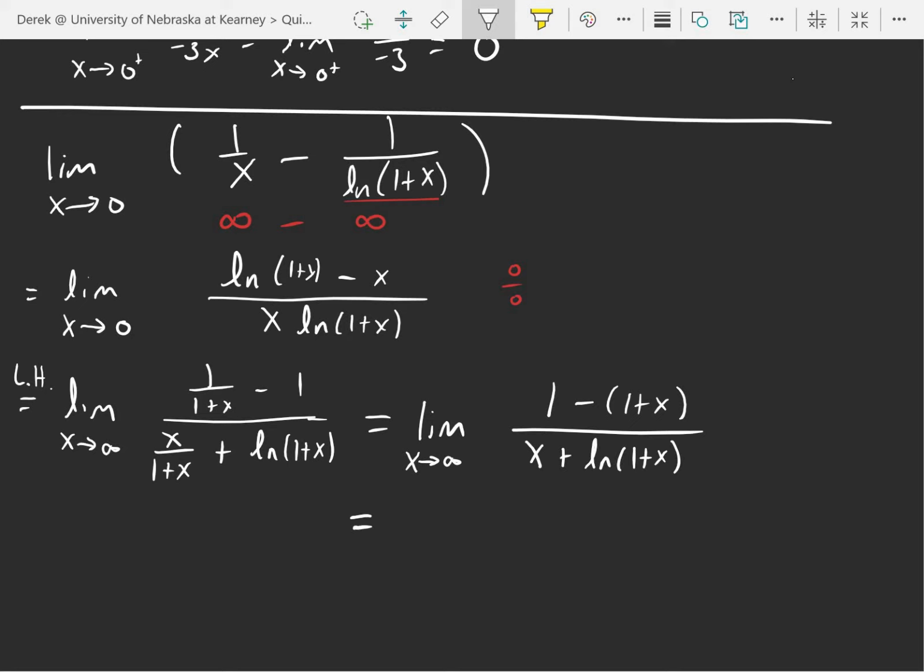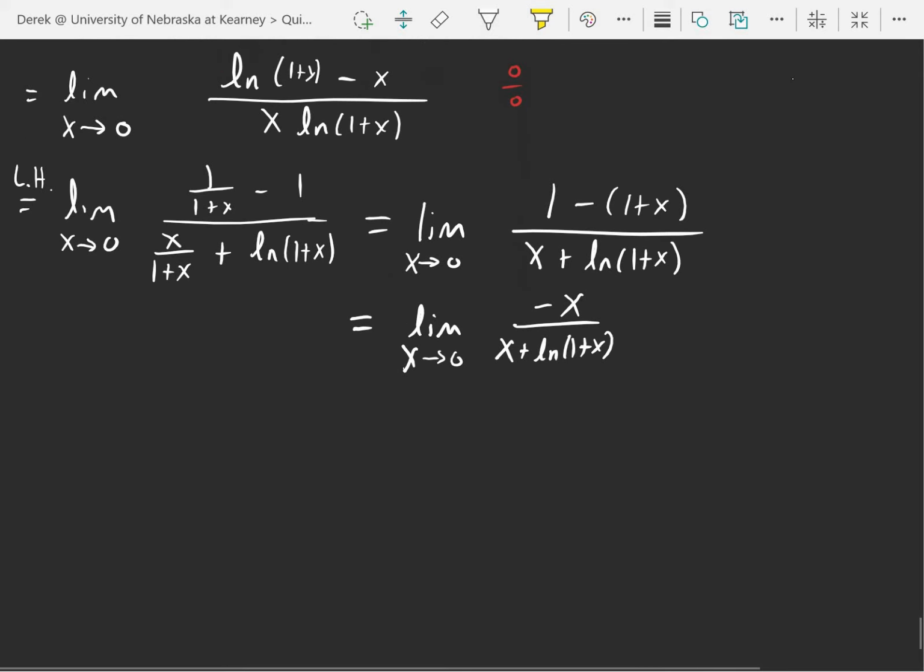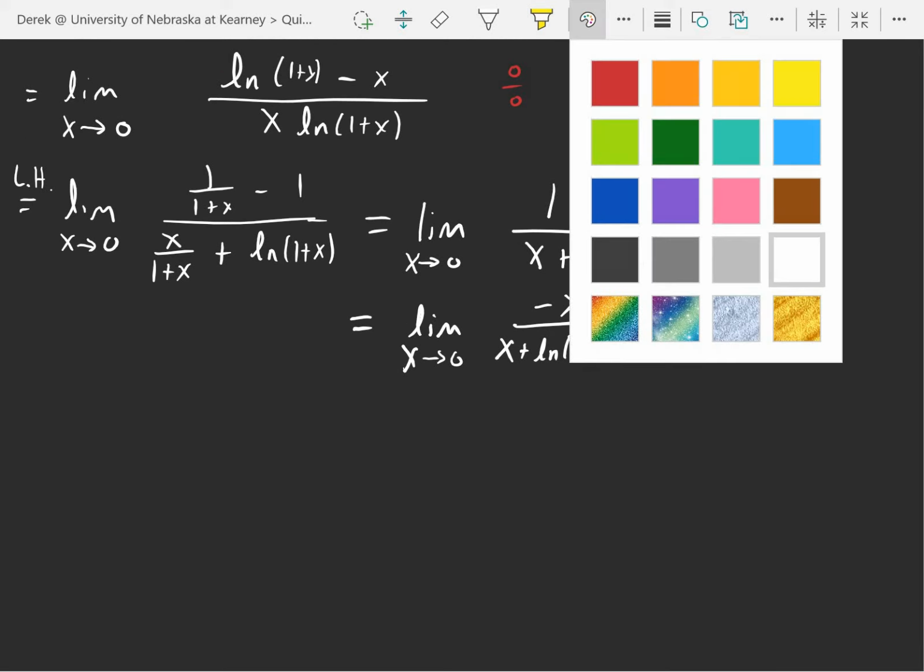Okay, this simplifies a little bit. This is the limit as x goes to 0, and up here I've got negative x over x plus natural log of 1 plus x, which is 0 over 0 again.